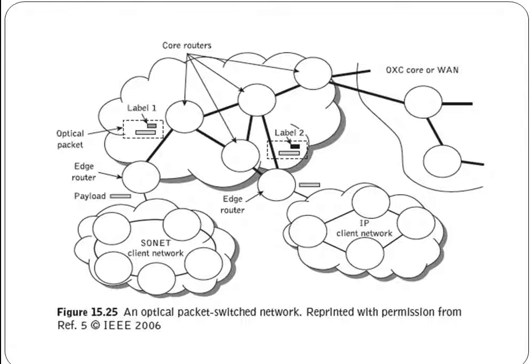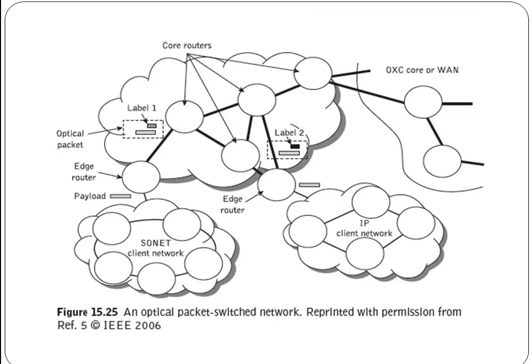Within the OPS network, however, the core router only processes the label, where the content of the payload remains the same. That is, the payload can carry ATM traffic or IP packets at different bit rates.